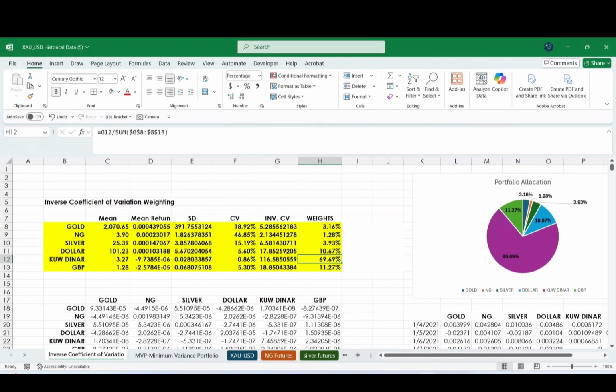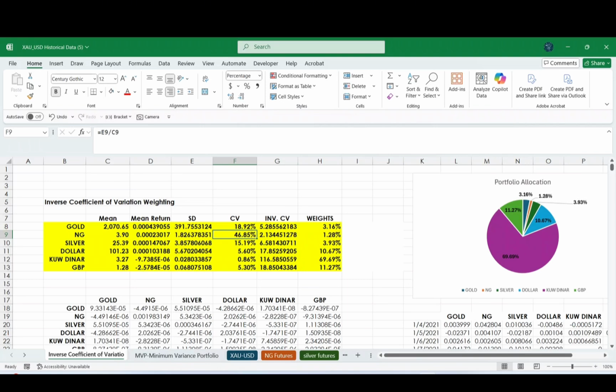Then in second place, 11% on GBP and 10% on dollar, 3.93% on silver, gold 3.16%, and the last asset to hold is natural gas because it is too volatile.